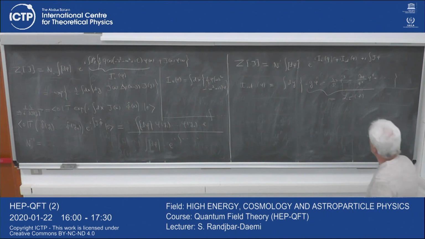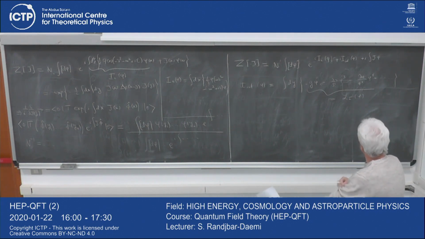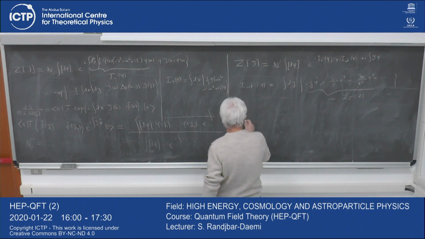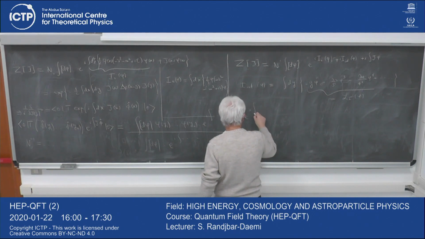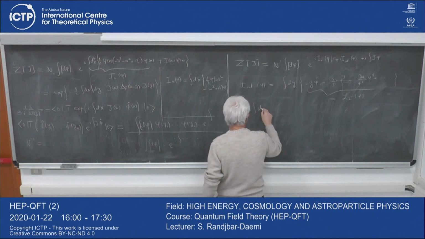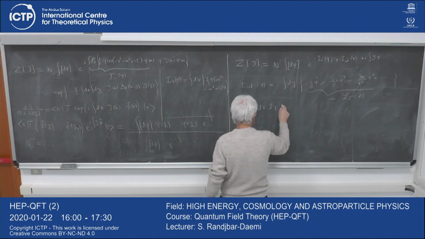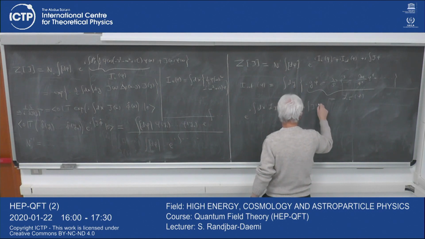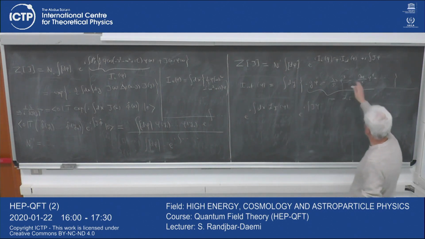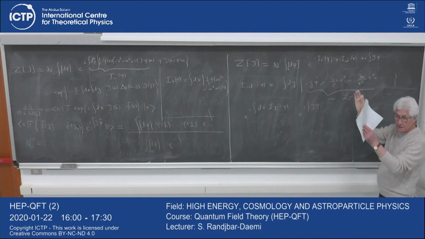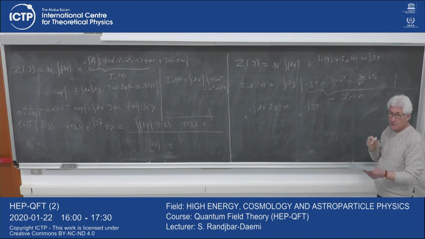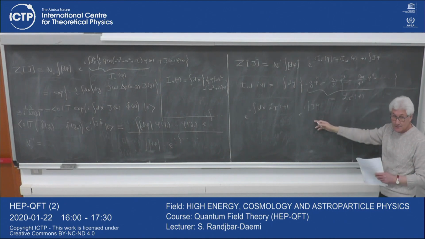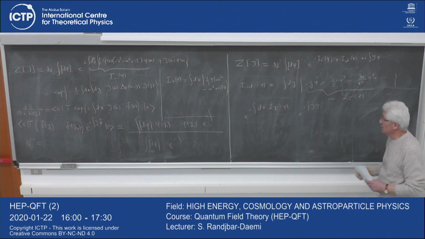Now, actually we can do this for the following reason. In the integrand, we have exponential of i times the integral dx of L interaction, which is a polynomial, and then we have this term. These are commuting functions, and I can separate the exponentials from each other without caring about their order. If they were operators, you couldn't do this in this way. But with ordinary functions, of course, you can.